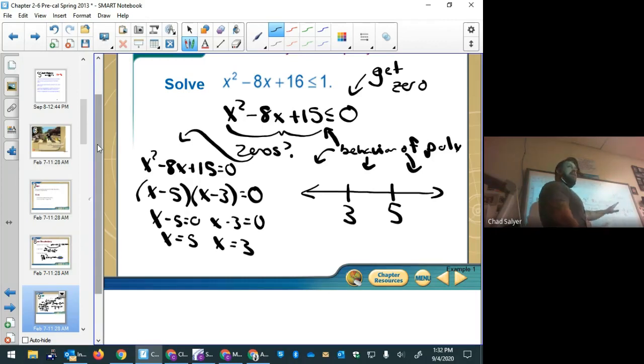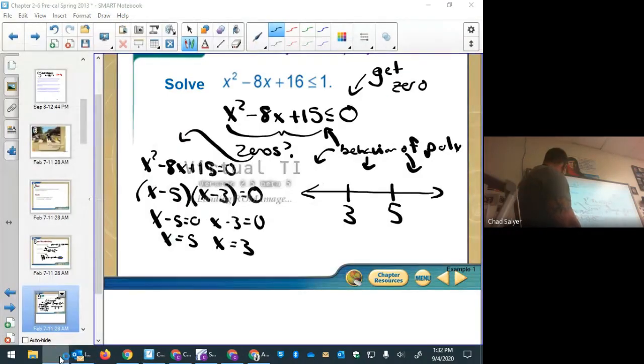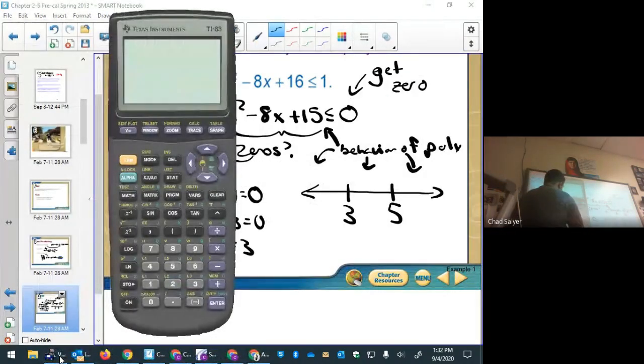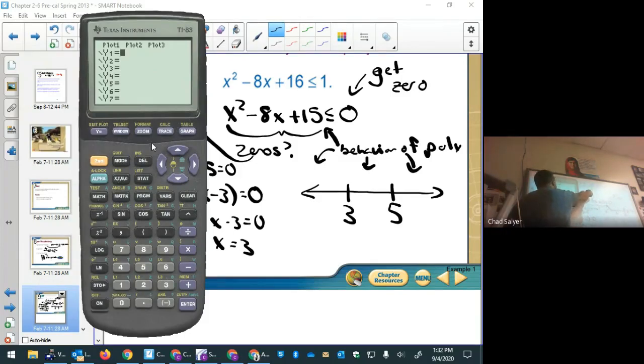If it's below the x-axis before 3, we'll put a minus. And the quickest way to do that is with the calculator here. So I'll use the second formulation, not the first. If you plug this in, it'll be wrong. So once you relate it to 0, that's the polynomial you're going to use for all the subsequent steps.